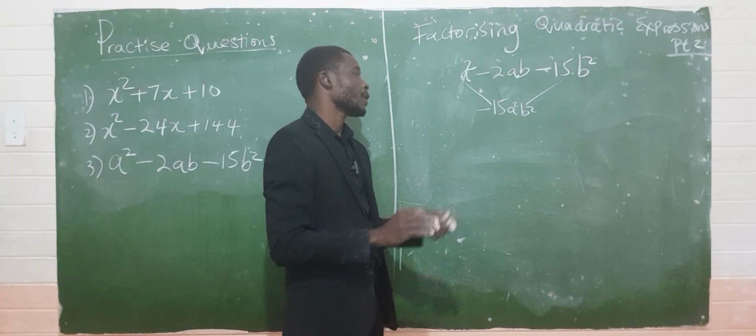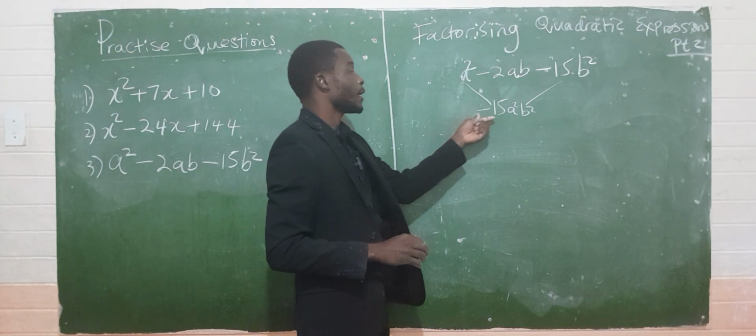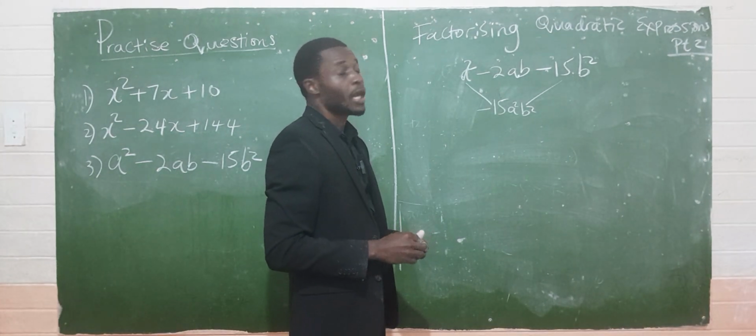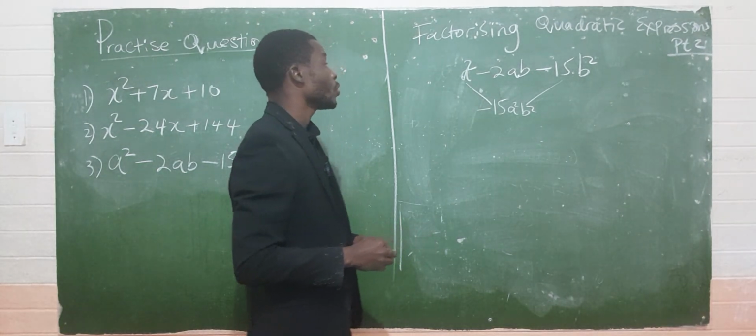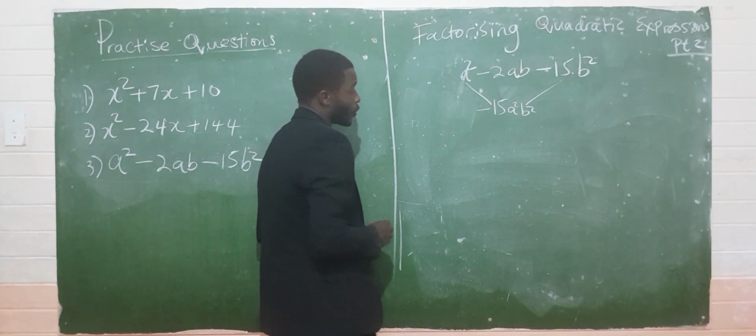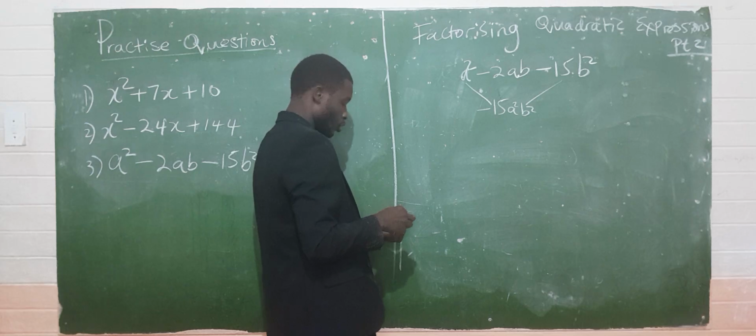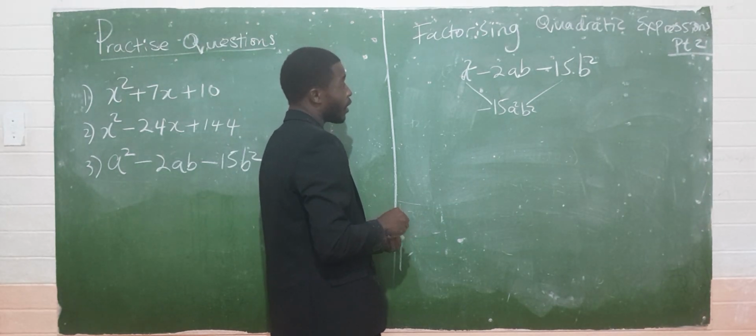Now we're going to look for the factors of negative 15a squared b squared that add to negative 2ab. And what are those? Well, you might list them if you're still not so sure which ones they are.